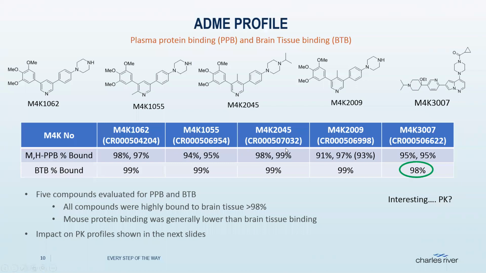The mouse plasma protein binding was 91%, the human was 97%, and this number in brackets is the data that we generated here at OICR for the human plasma protein, and it's within the same ballpark of what was generated at Charles River, but there is some variability, as you can see.